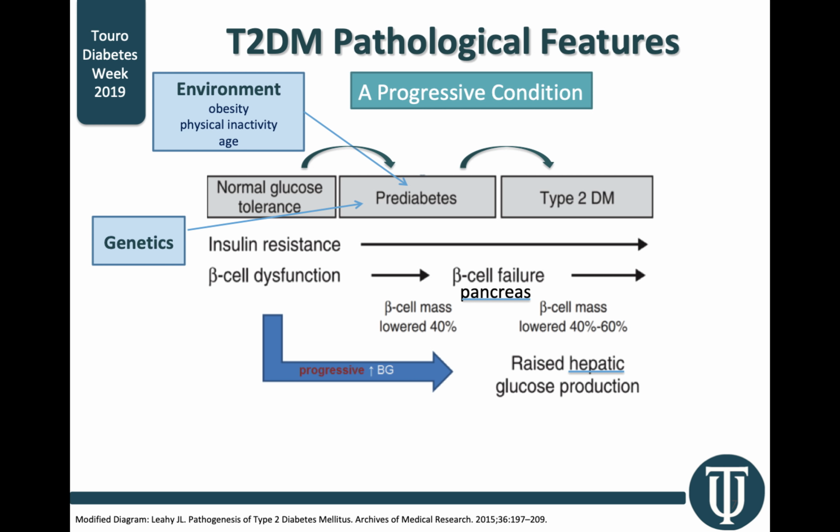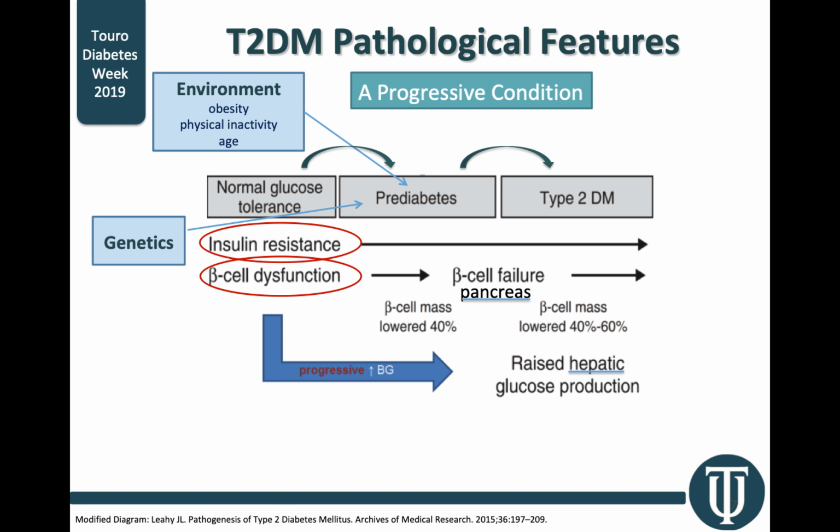Or the second factor is genetics. For example, African Americans or Asian Americans are at a higher risk of developing type 2 diabetes. Then if, at the stage of prediabetes, the sugar is not controlled, it will progress to type 2 diabetes. And as I mentioned earlier, this is a spectrum. So what is wrong?